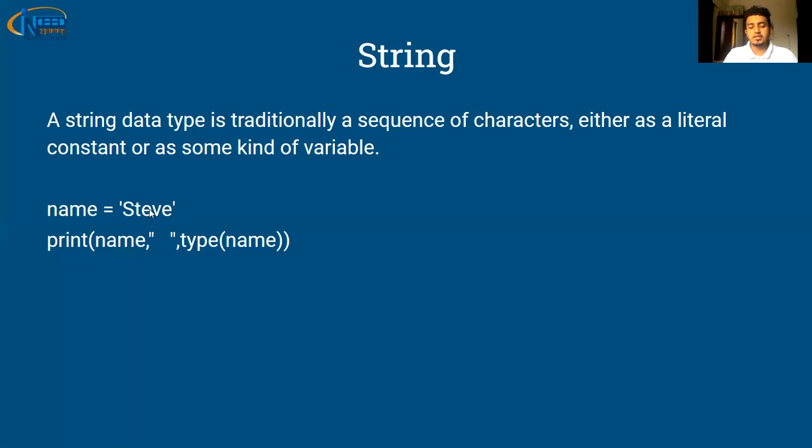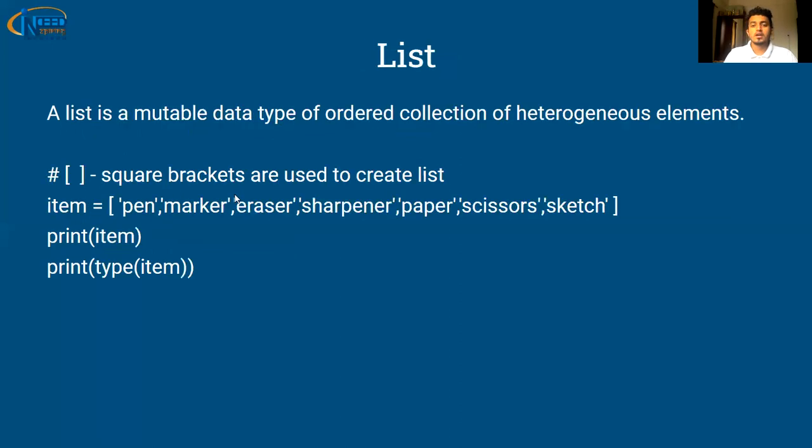Name is Steve. Steve is a string. You can see a slight difference between numbers and string. String is a sequence of characters, and we have used it in single quotes, right? So name is Steve and print name. Again, we have used the type of name. You can see this is an example of string.